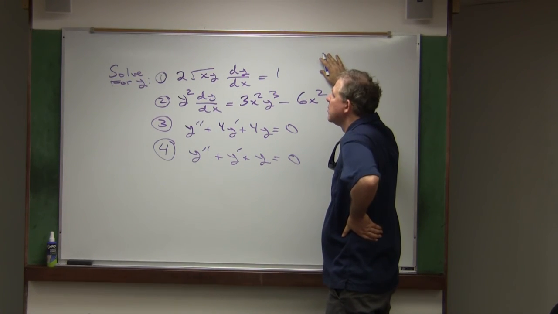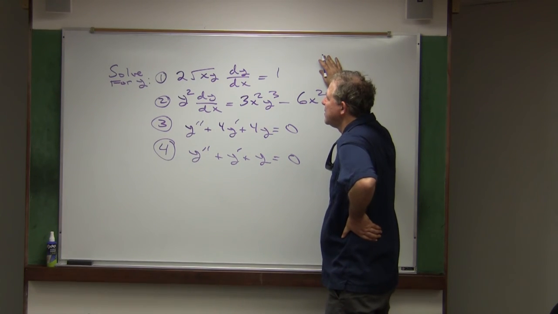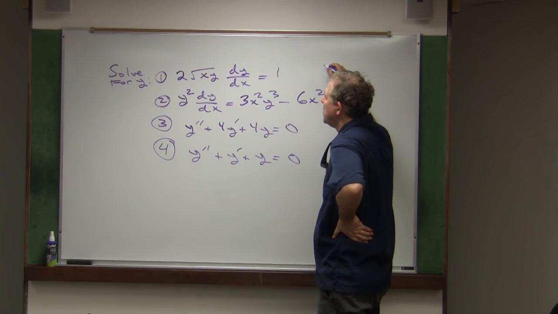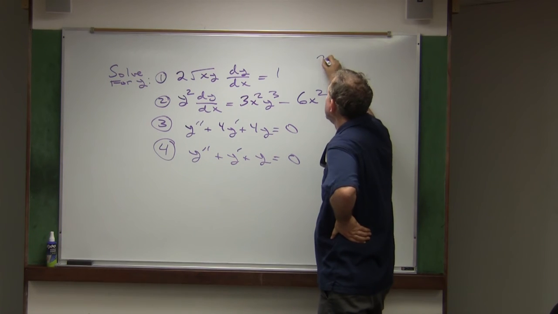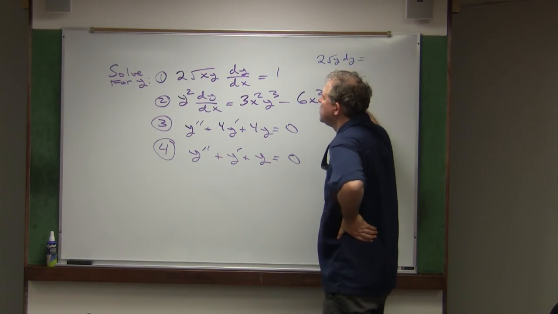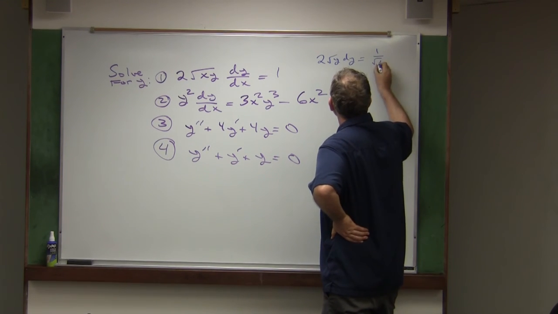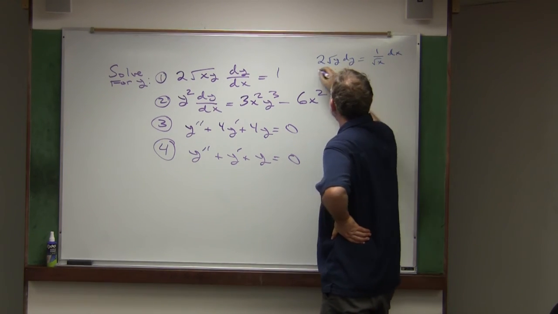Root x will go to the other side, so you're dividing by it. On this side I have 2 root y dy, equal to 1 over root x. Yes, beautiful. And then you integrate.